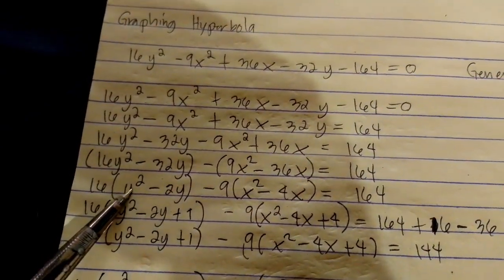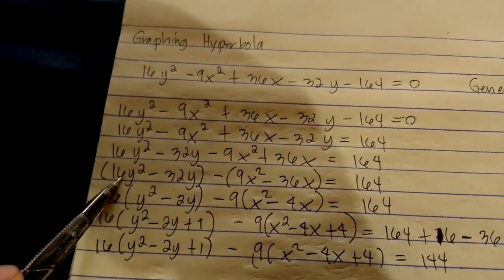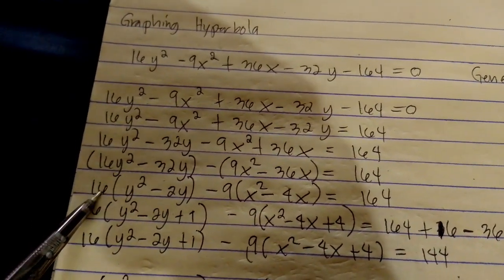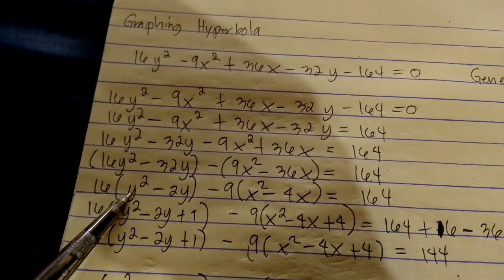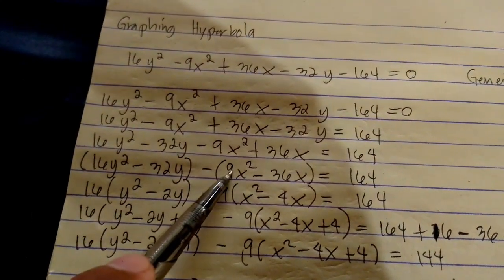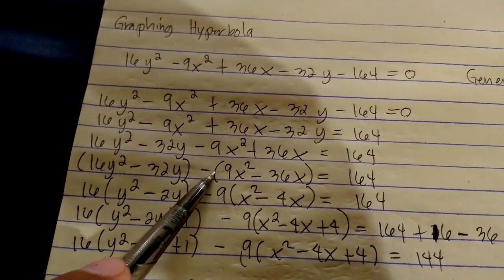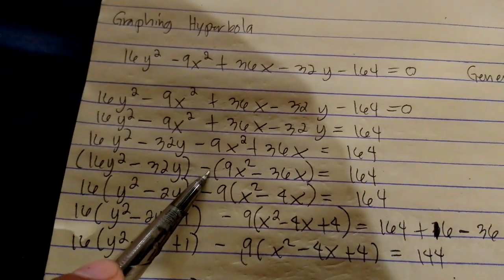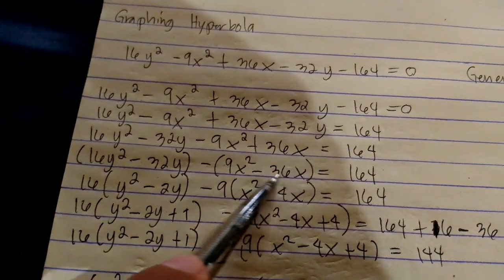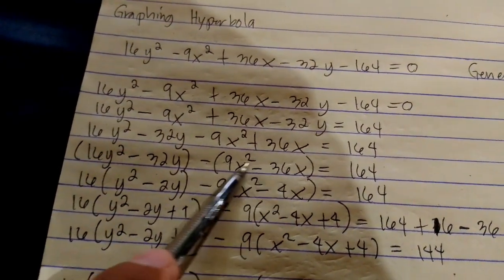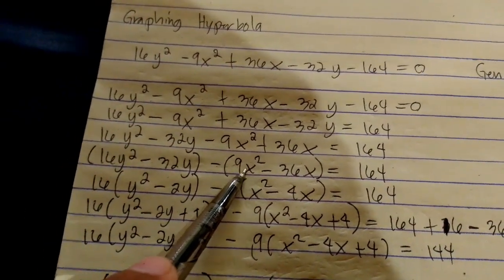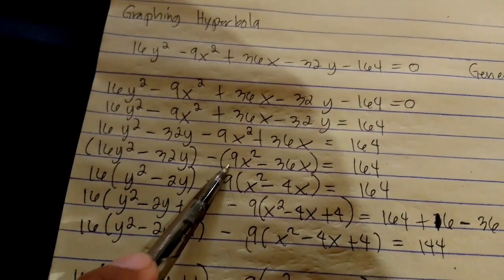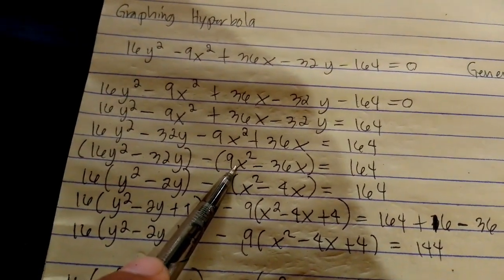Now we just factor. 16y squared minus 32y can be factored as 16 times y squared minus 2y, and the sign is also copied. Now pay attention to this, we have to factor it. The factor of 9x squared minus 36x is 9.